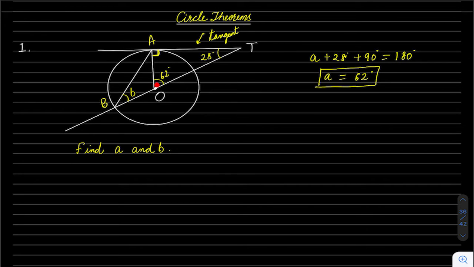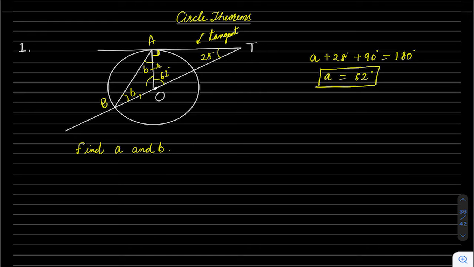As you can see, OA is radius and OB is also radius. So if two radii are there in a triangle, we can say this triangle will become an isosceles triangle. If this triangle is isosceles, then this angle will also be B. Right? So if this angle is B, this angle is B.